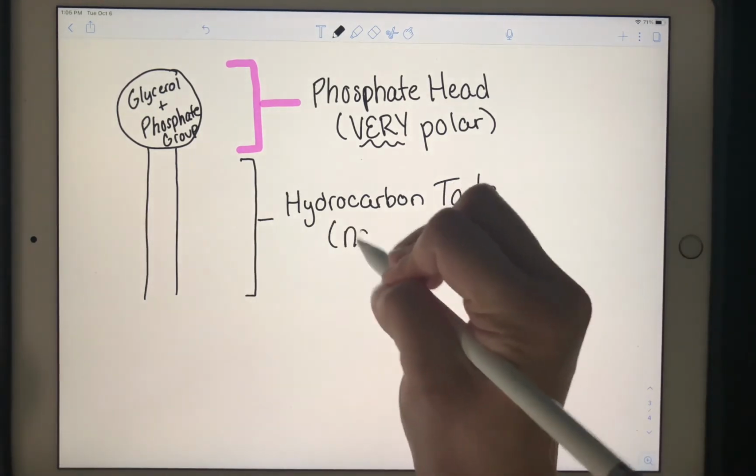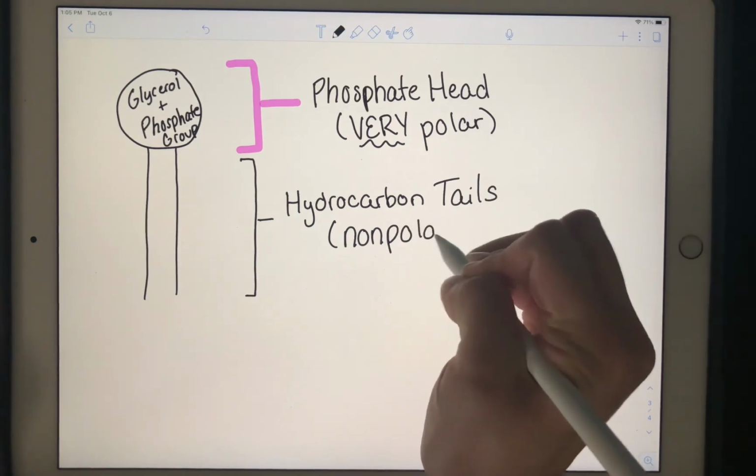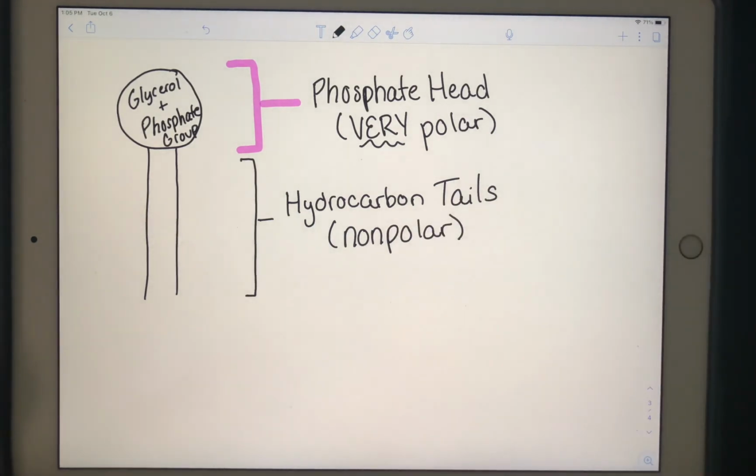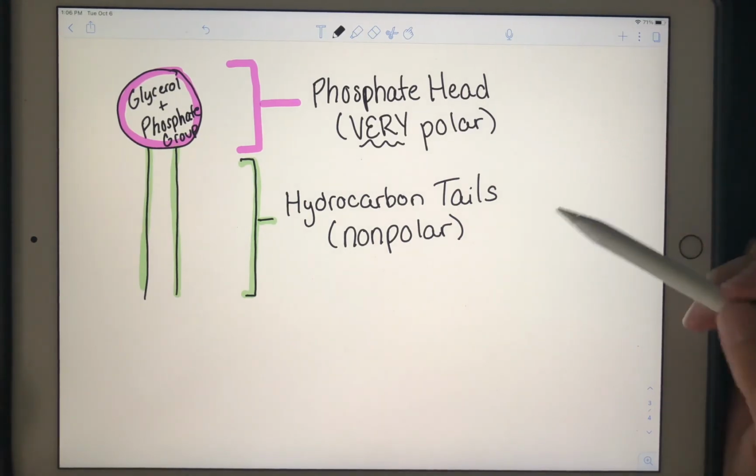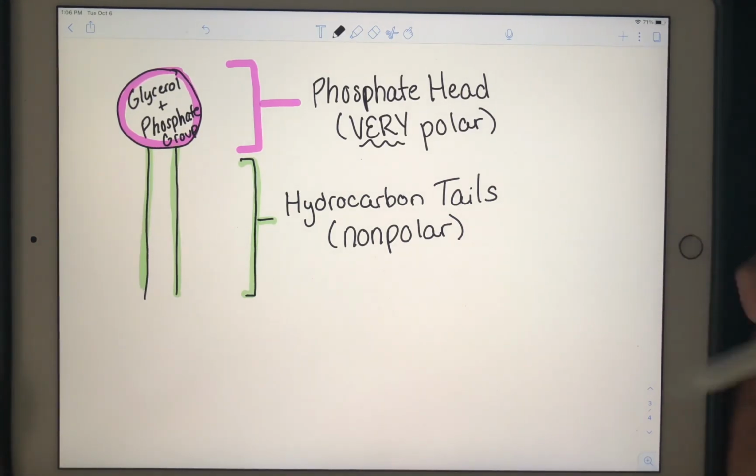Remember, these are non-polar bonds between those. So then we have a molecule like this that has one very polar section and one non-polar section.